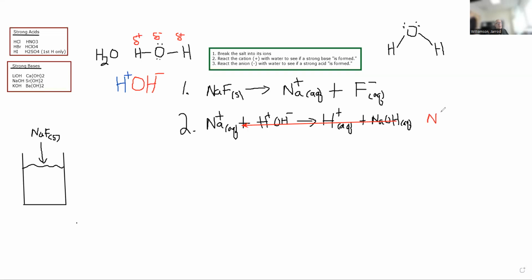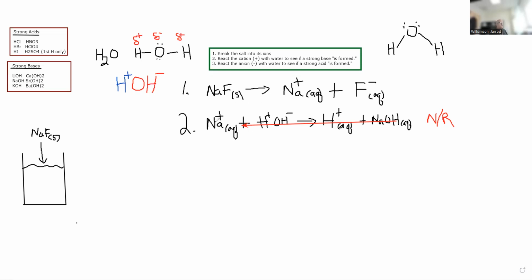It tries to happen, but it doesn't happen because every time I try to form sodium hydroxide and have it stay together and have some leftover H plus floating around in solution, that doesn't happen. The sodium hydroxide separates back because it's a strong base and makes the reaction go backwards, and we end up back where we started from.